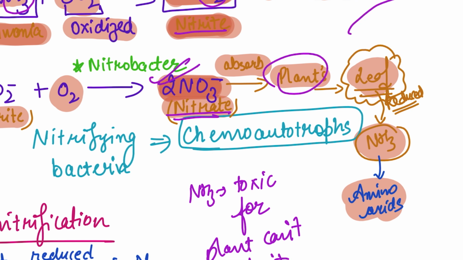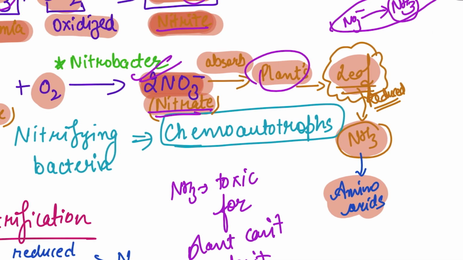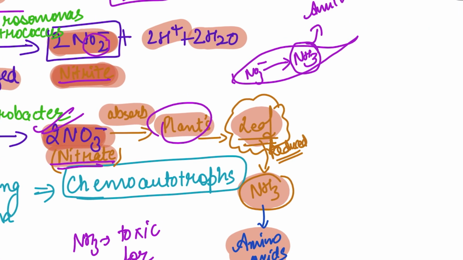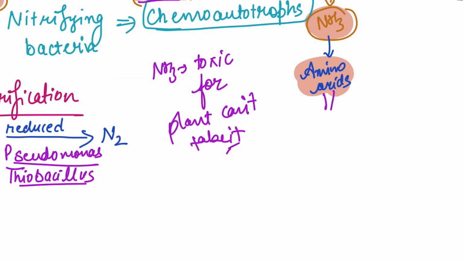In the leaf part, this nitrate is converted back to ammonia, and this ammonia is converted to amino acids. And as we know, a chain of amino acids forms a polypeptide or protein, right?